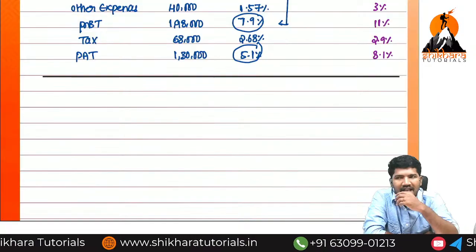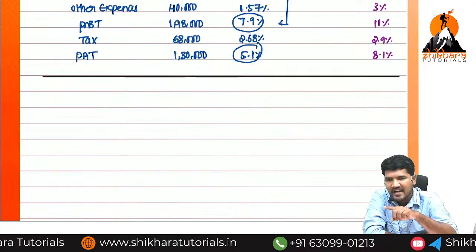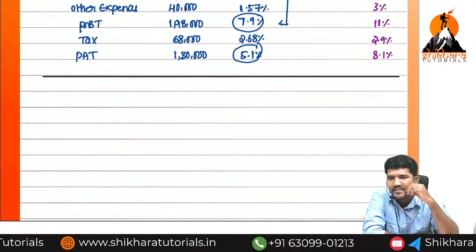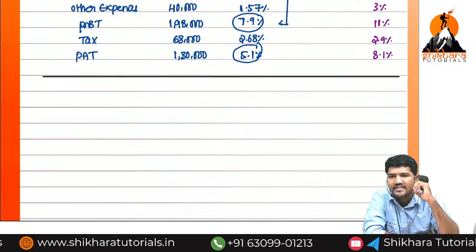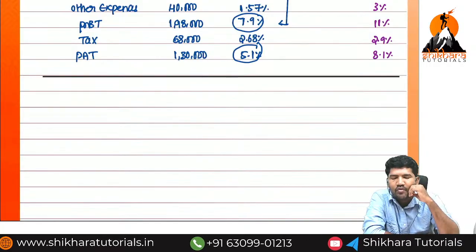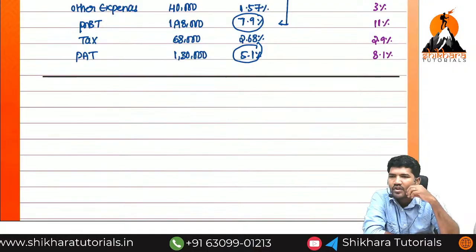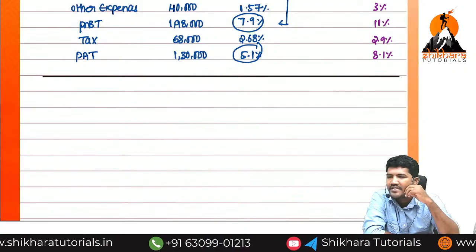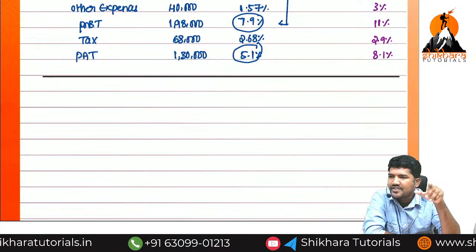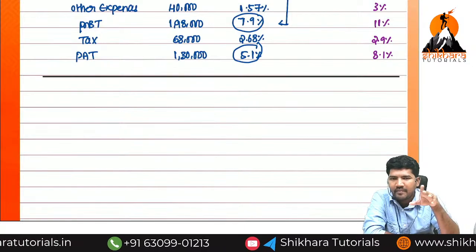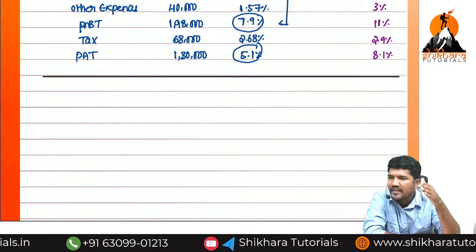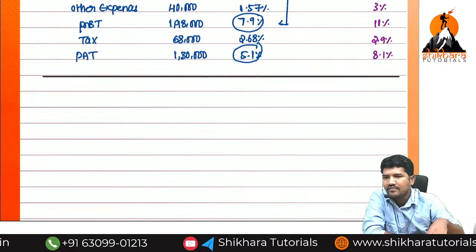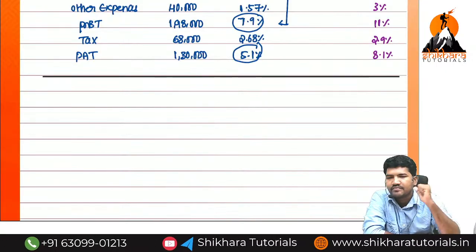For example, last year sales 10 lakh, this year sales 12 lakhs. What happened? Comparison: 2 lakh sales increased. Last year cost of goods sold 8 lakhs, this year cost of goods sold 7.5 lakhs. Decreased. Comparing to last year, this year cost of goods sold decreased by 50,000.